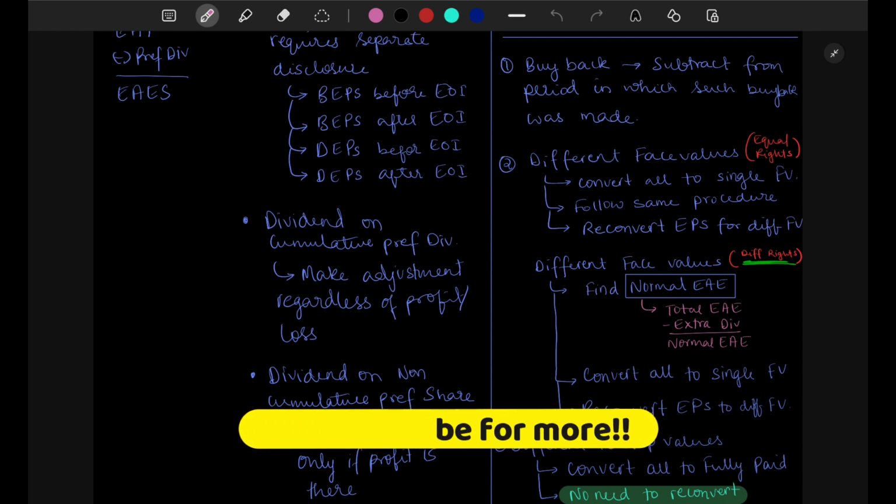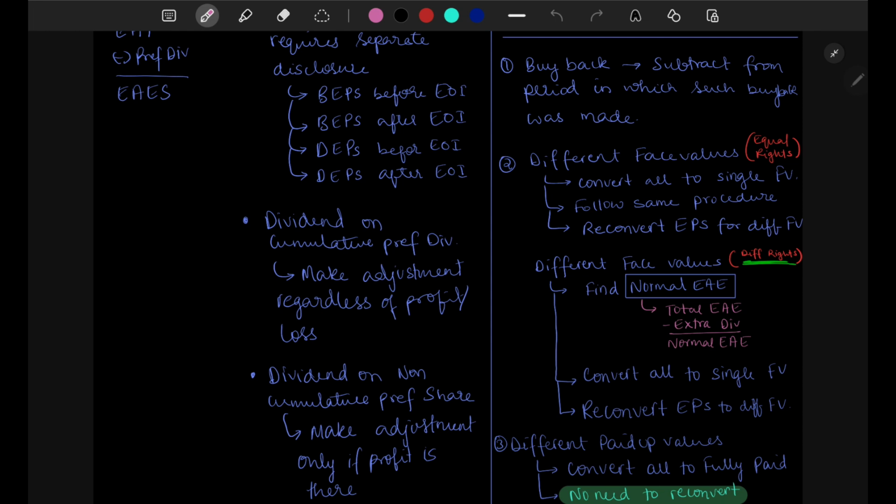So basically, just to give you a reference of where we are right now, we are studying the basic EPS, and we found out the formula, which is earnings available to equity shareholders divided by weighted average number of shares. We discussed what are the adjustments that could be found in earnings available to equity shareholders.